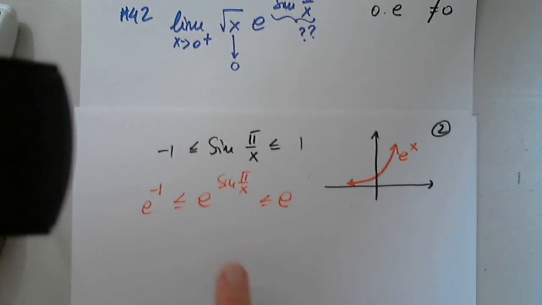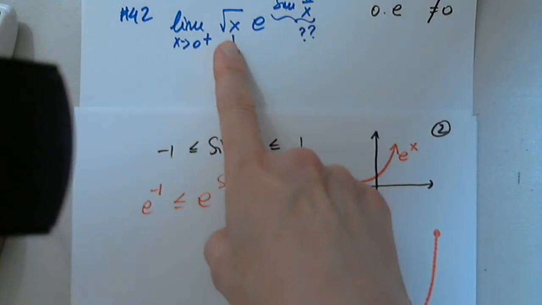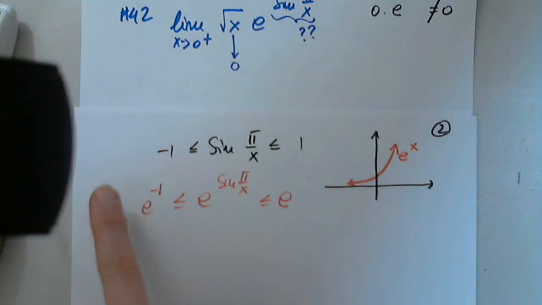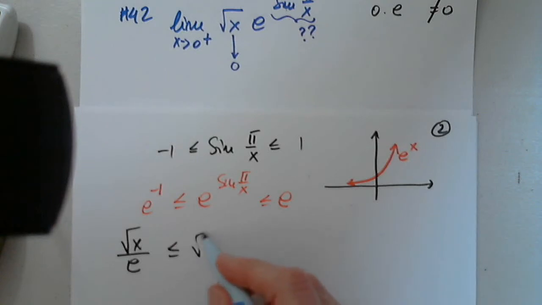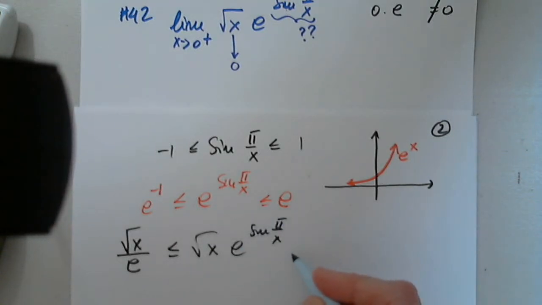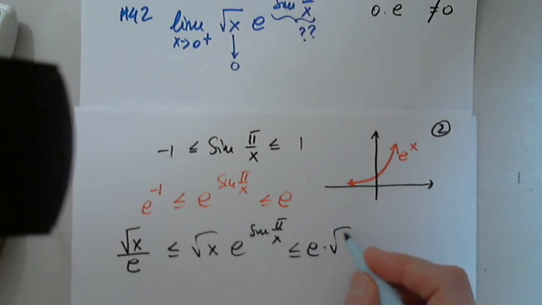Therefore, all I need to do next is multiply, like we did last time, all three sides by the square root of x. So this is the square root of x divided by e, less than or equal to the square root of x, e to sine pi over x, less than or equal to e times the square root of x.